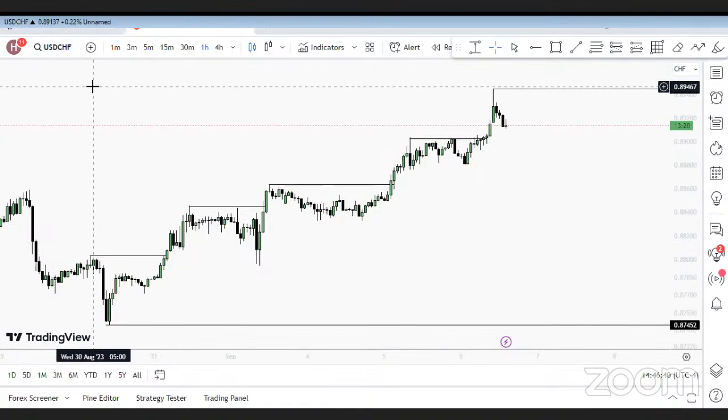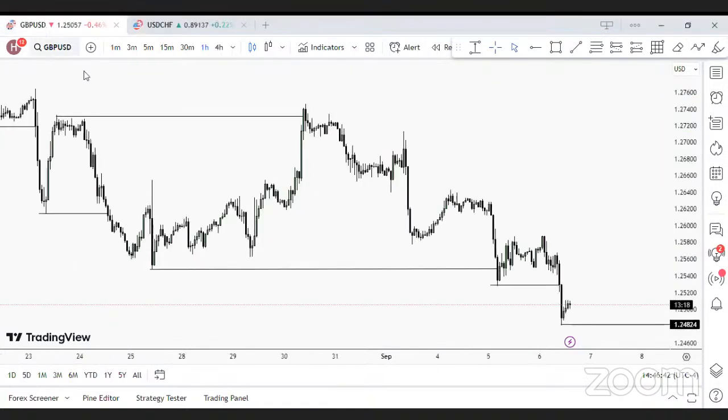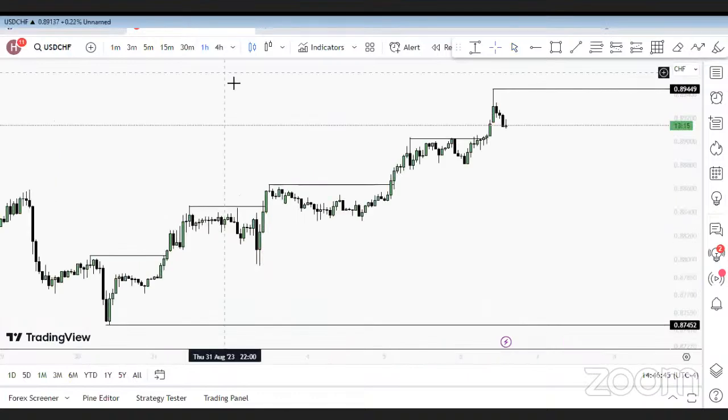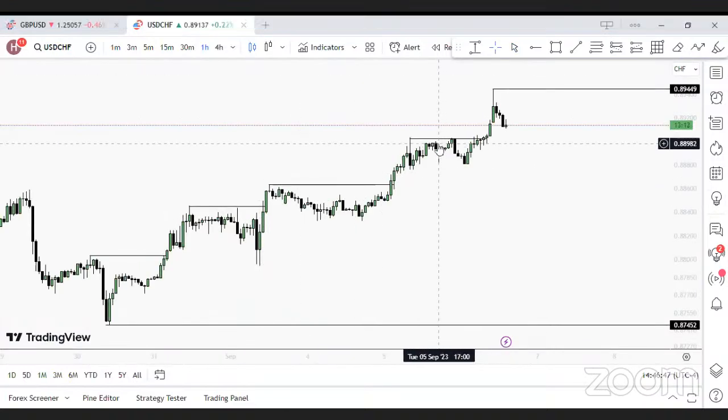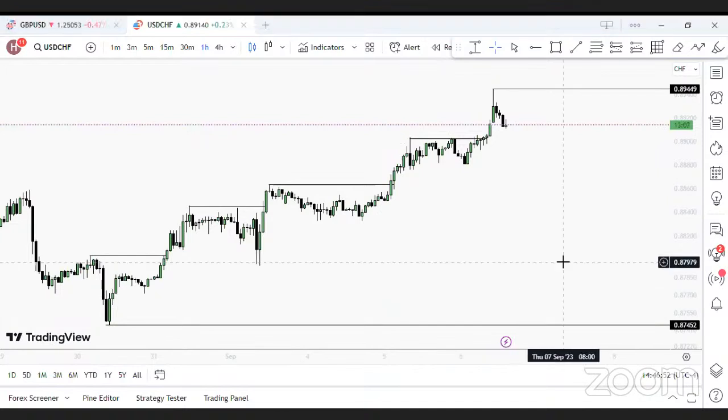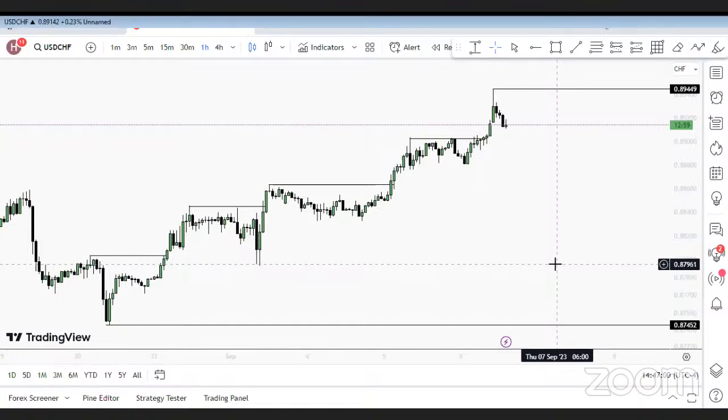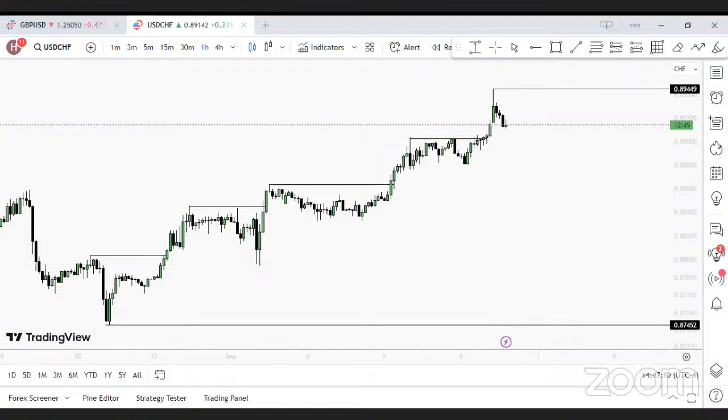If you have any question whatsoever on either break of structure to the downside or to the upside, please let me know now.